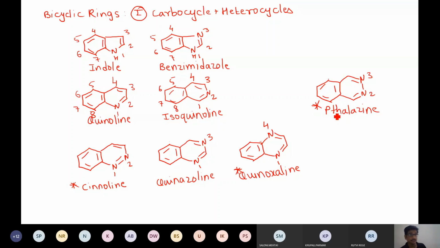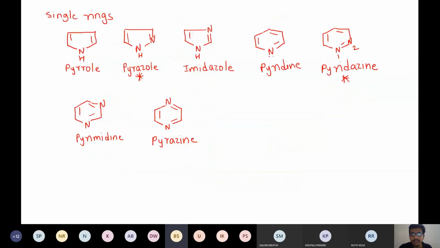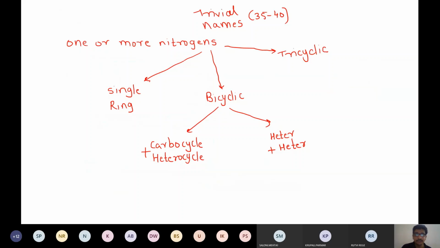So what I want you to do is go through the heterocyclic names that I've done so far. Shall I go to the last slide so that you can see? So we started off with compounds with one or more nitrogens, divided into 3 subcategories: those which contain a single ring, those which contain a bicyclic ring, and those which contain a tricyclic ring.